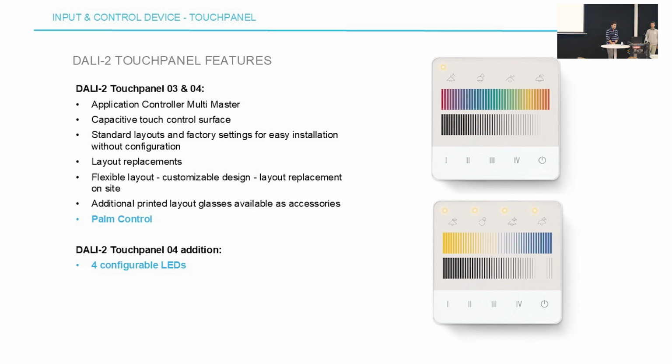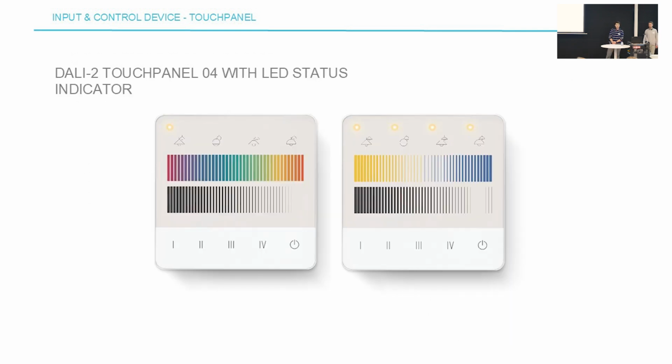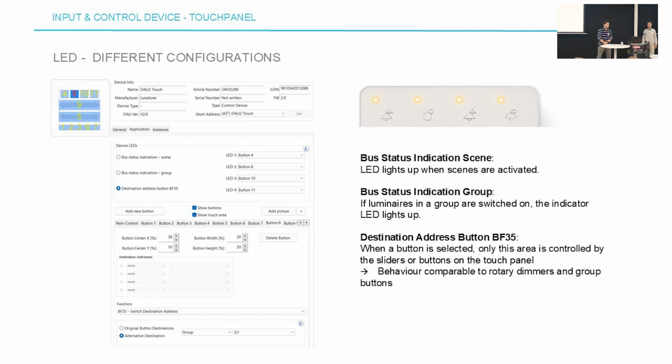So I want to talk about the touch panel 04 because this has a unique feature, the LED status feature. The LED can act as one of 3 options. So first we have the scene indicator.